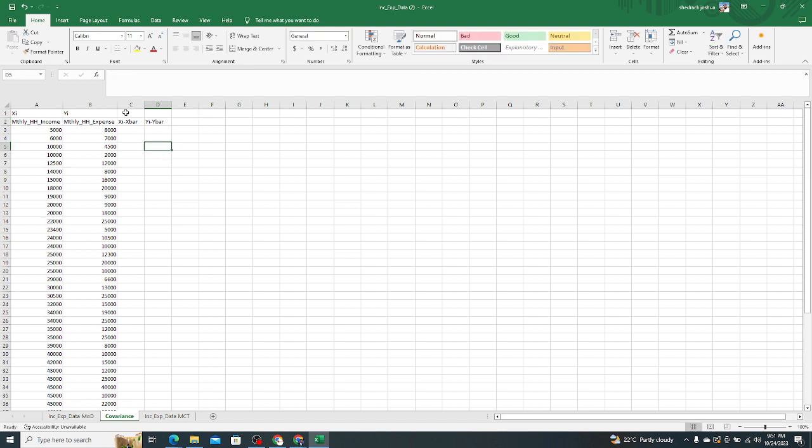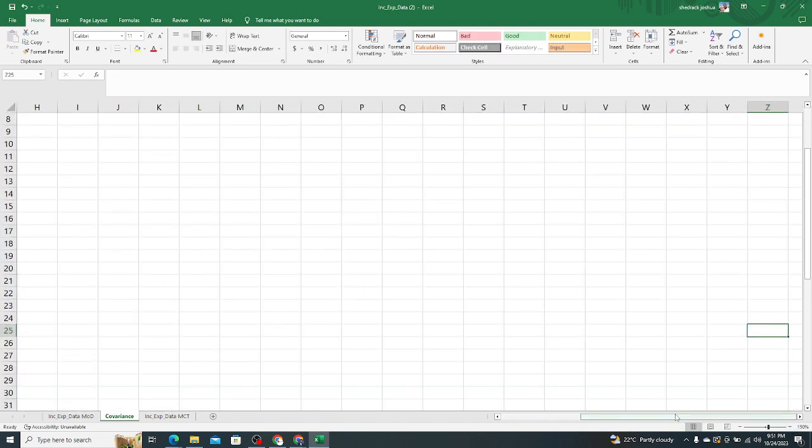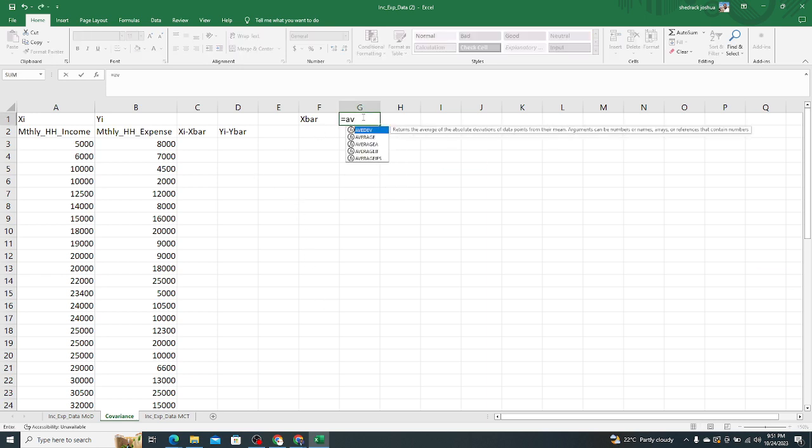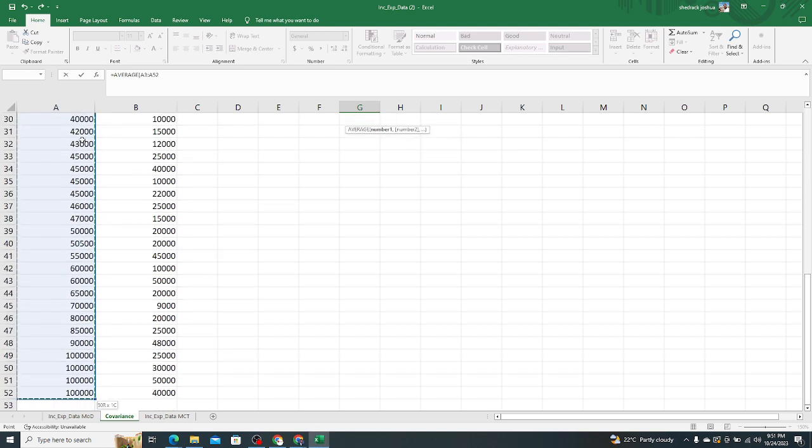So in this case we want to compute x bar, and let me enlarge this so that it might be visible on your side. Our x bar will be equal to the average of the income amount.